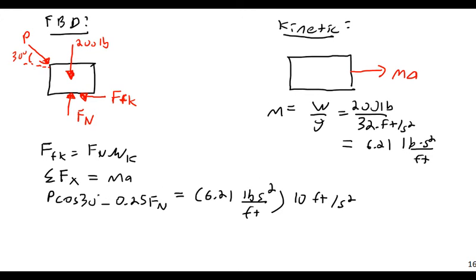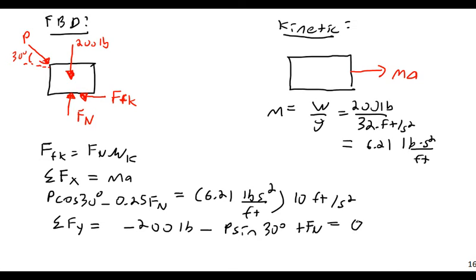If I do a summation of forces in the y direction, this will be negative 200 pounds minus P sine of 30 degrees, plus Fn, and this will equal ma, which in this case is simply 0, because there is no acceleration. That's just a statics problem.